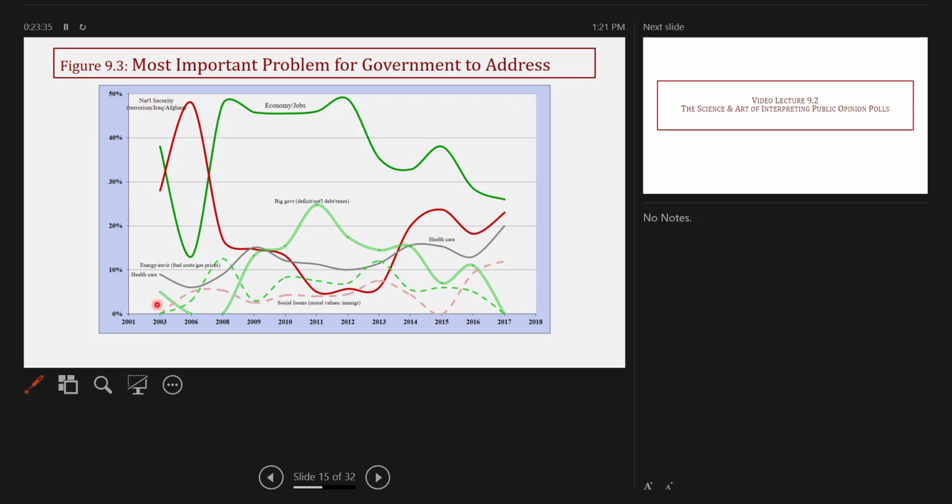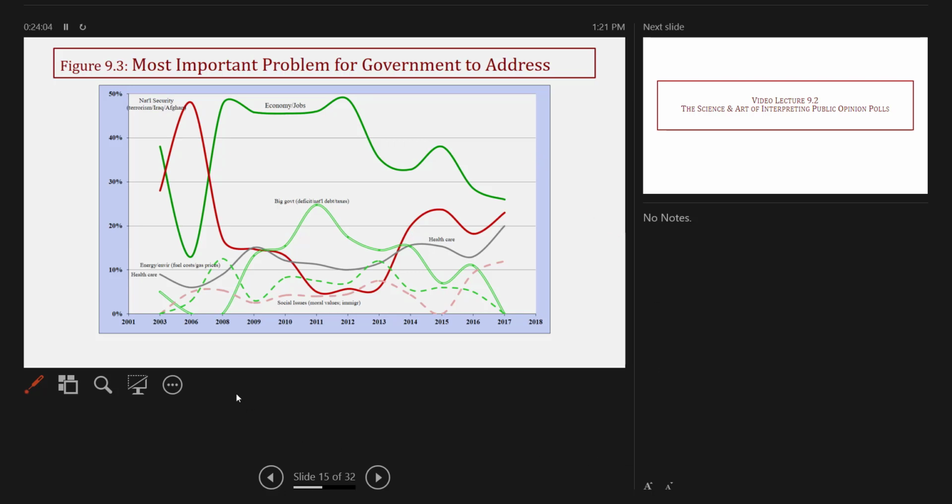Remember, this is after 9/11 and the war on terror and the war in Iraq and Afghanistan, and so that was a very salient issue for public opinion. It falls down here in the 2000s, but then it's always up there. And then just these general questions about the economy and jobs is always very important.